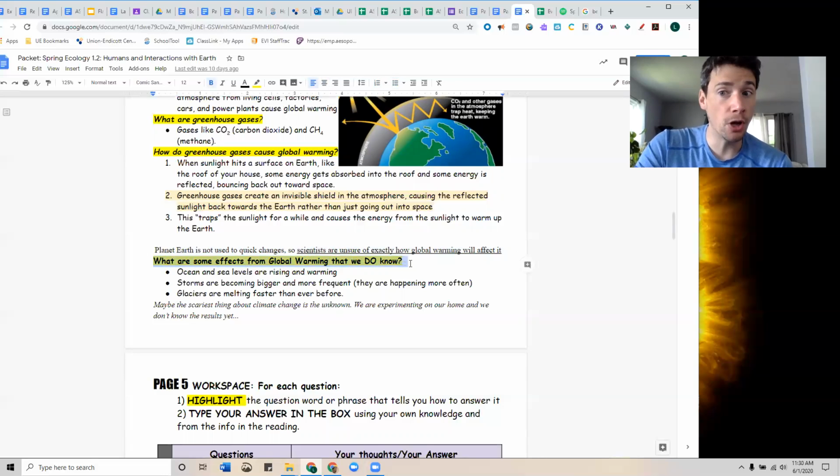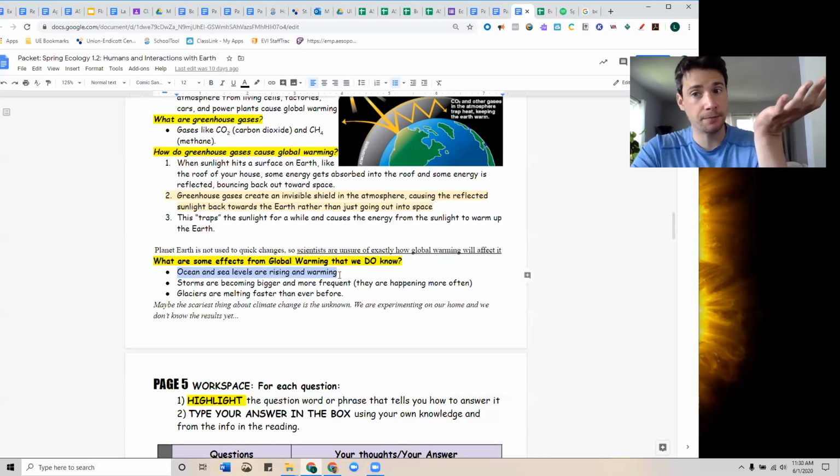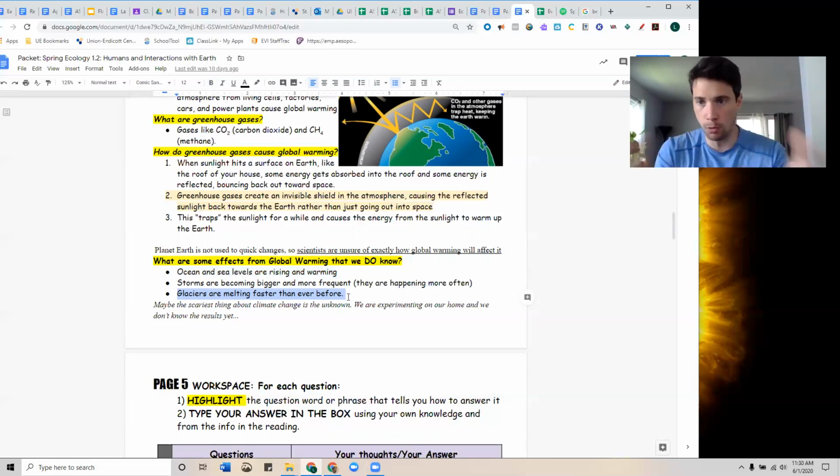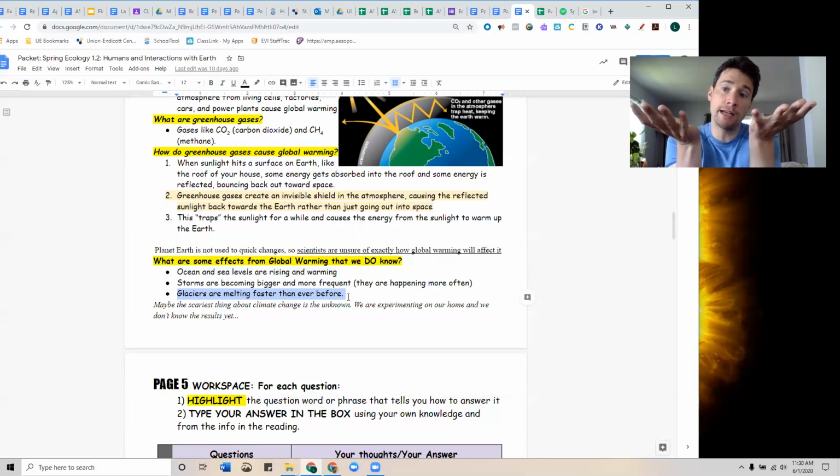So what we do know is that when things get warmer, then ocean and sea levels rise. And they rise because glaciers are melting. When you have more ice melting, then more water is put into the oceans, and that's going to cause the oceans to rise. And think about how many people live on the coastlines.